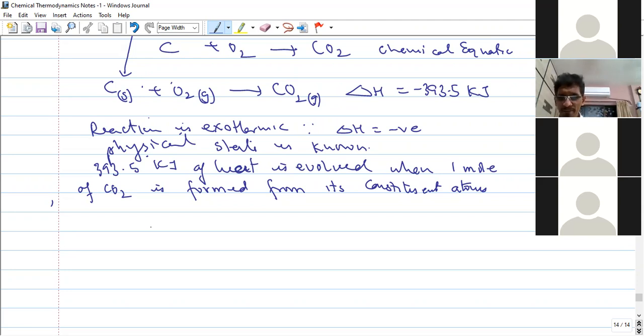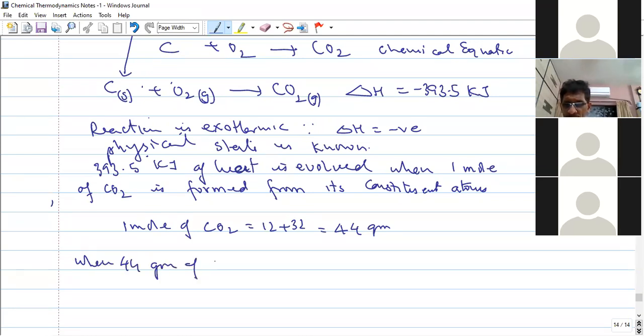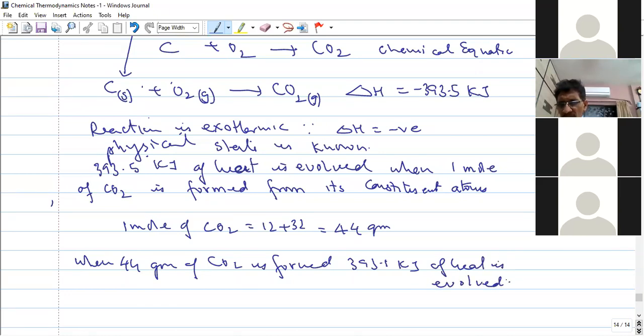What is 1 mole of carbon dioxide? 12 plus 16, 12 plus 32, 44 grams. So we can also write it like this: when 44 gram of carbon dioxide is formed, 393.5 kilojoules of heat is evolved.